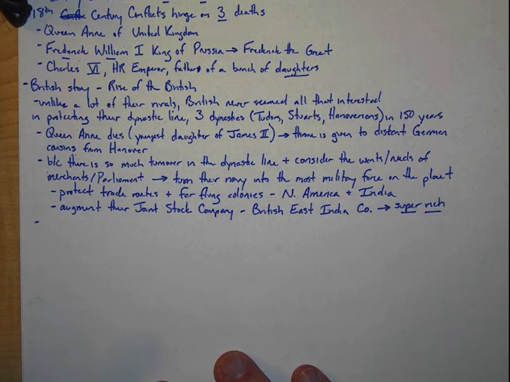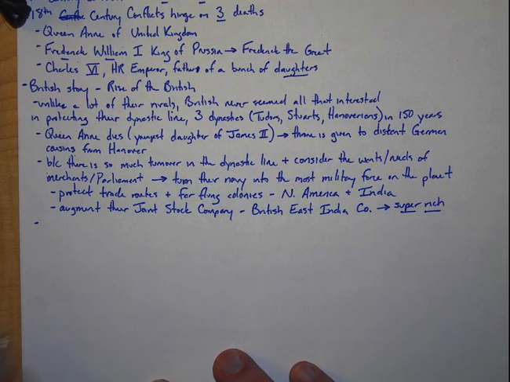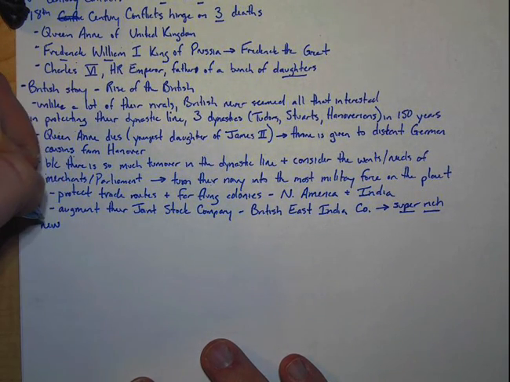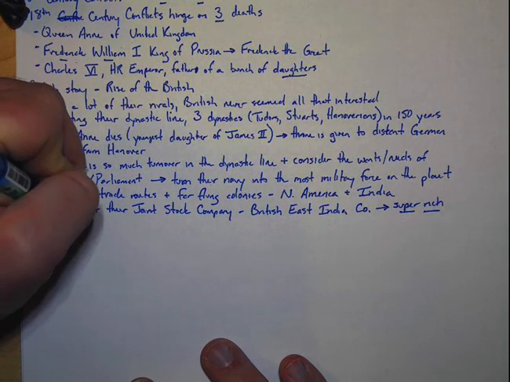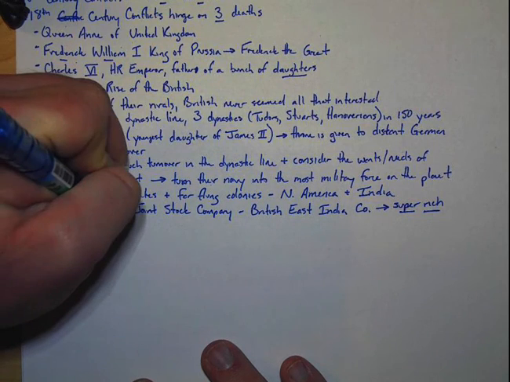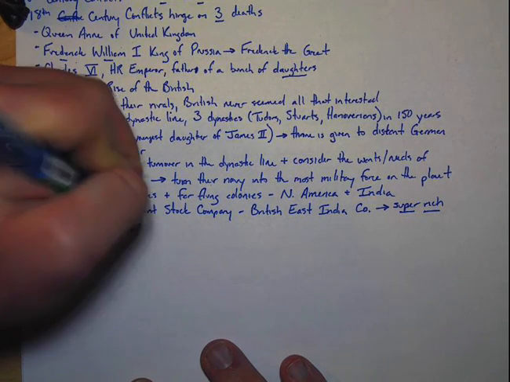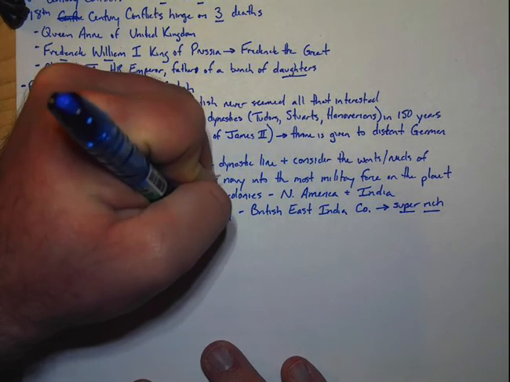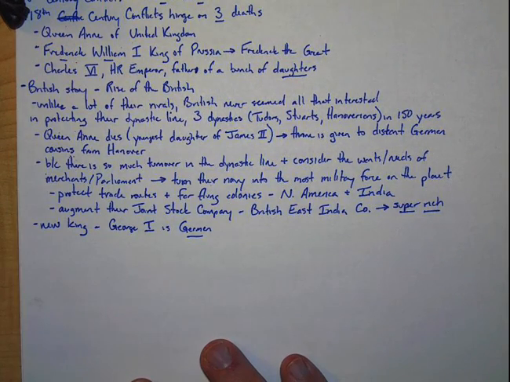Another thing that leads to the British kind of becoming the dominant economic power in Europe has to do with their new king. Their new king, George the First, is German. Like, he's from Germany.